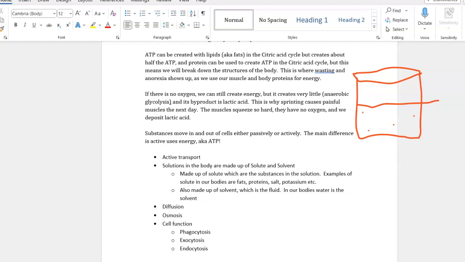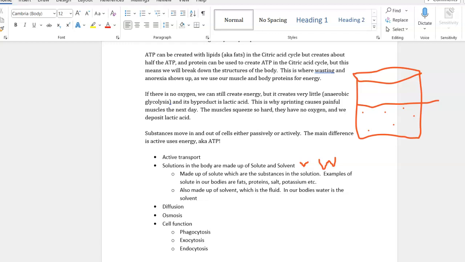If the red dots represent salt in the water, the salt is a solute, the solvent is the water. In our bodies, basically the only solvent that we're going to talk about is water. I always remember this because V is shaped like a W for water. So stupid, I know, but it helps me to remember. So the solute is a substance that's dissolved in the solvent, and that gives us a solution.